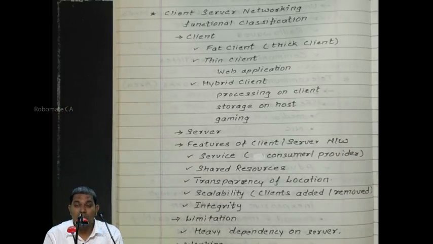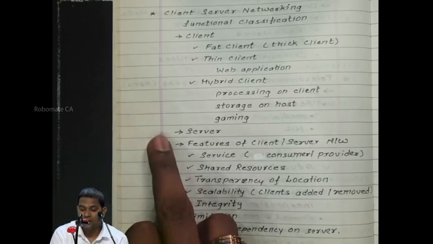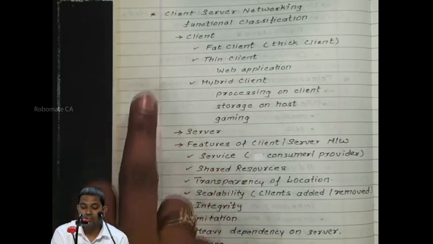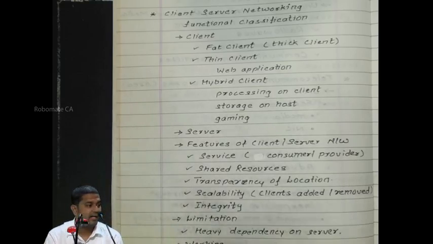Now, this is the general perception about client server. But when you go deep into client server networking, it has many variants. So now let's try to understand the different types of client used in client server networking. The first one is called fat client. It is very simple to understand that a person who keeps on eating grows fat, obese.